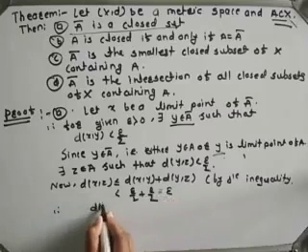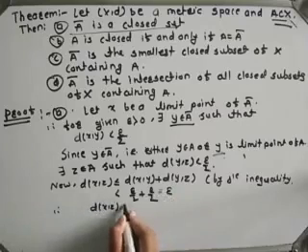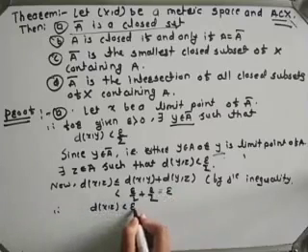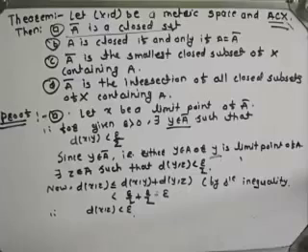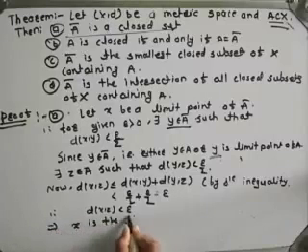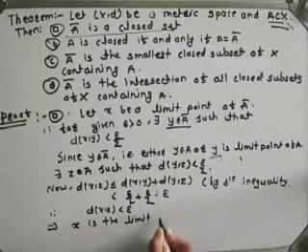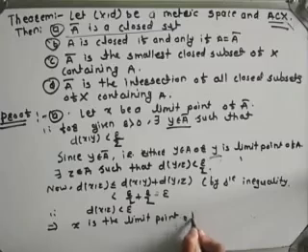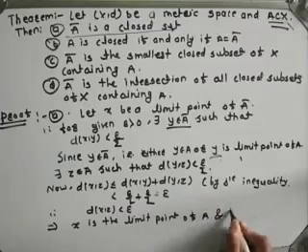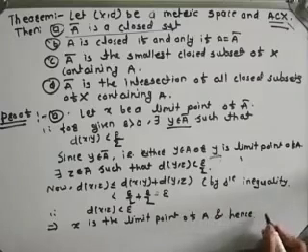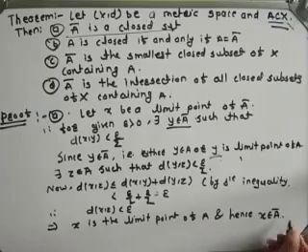Therefore, distance between x and z is strictly less than epsilon. That implies x is a limit point of A and hence X belongs to A closure.